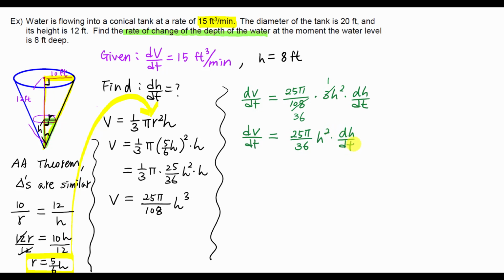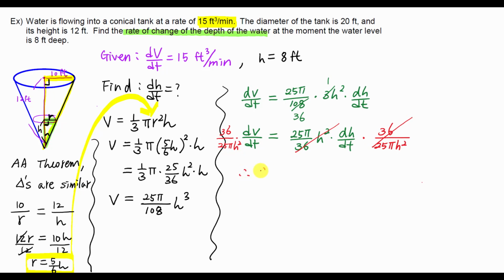And you want to find the dh/dt. So let's multiply both sides by the reciprocal of what's in front of dh/dt. So when you do that, the reciprocal is what? 36 over 25 pi h squared. So that this is gone.